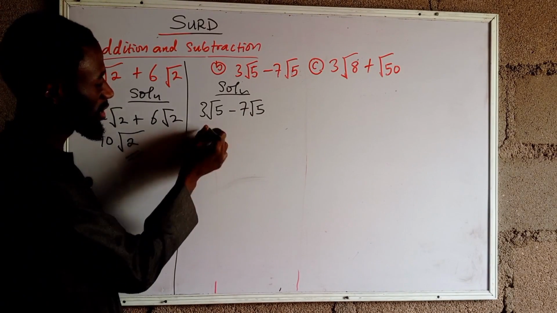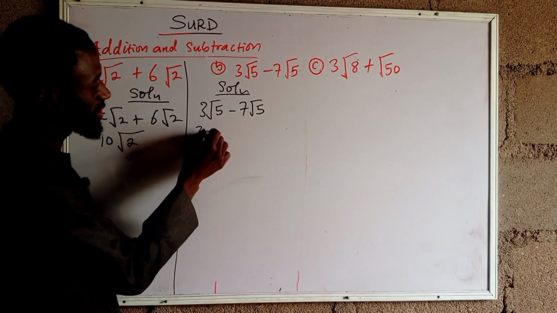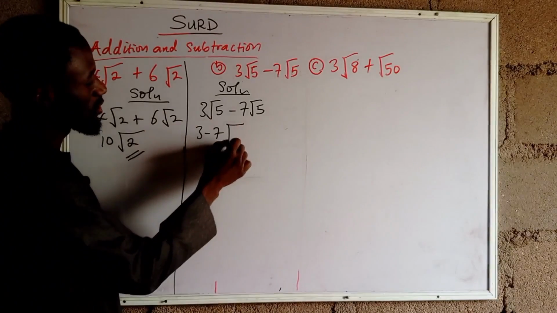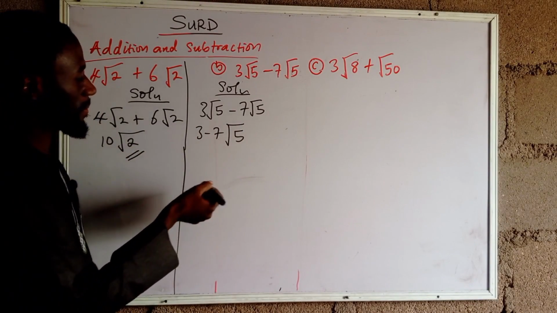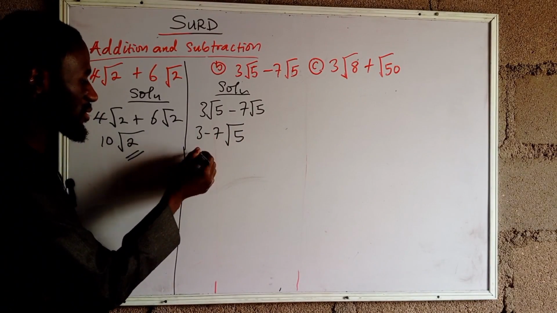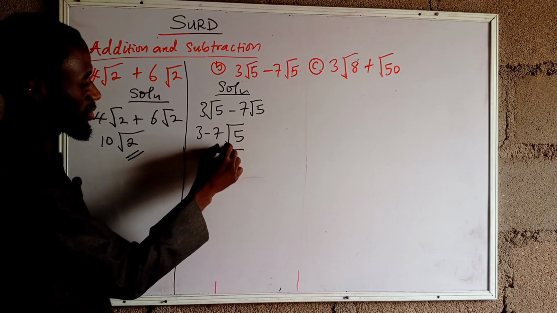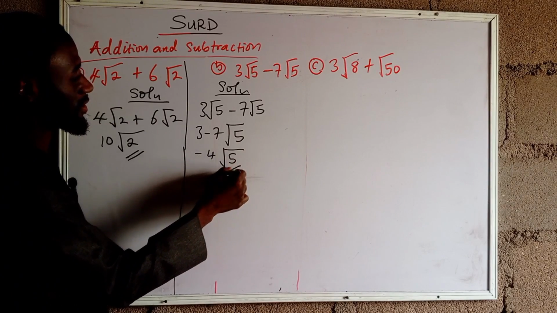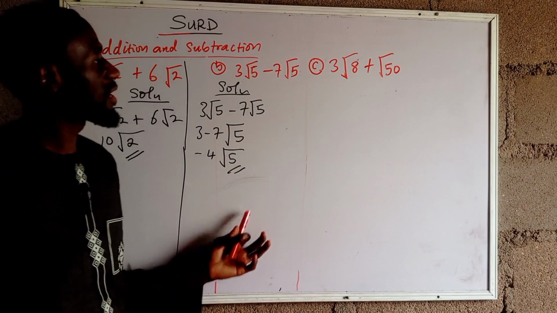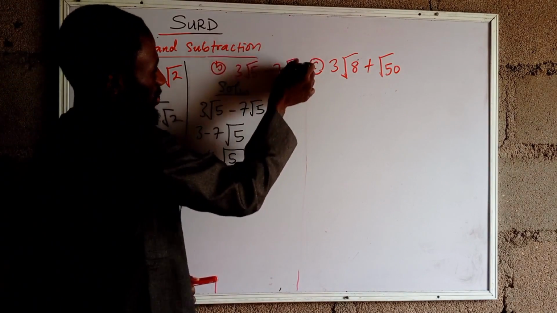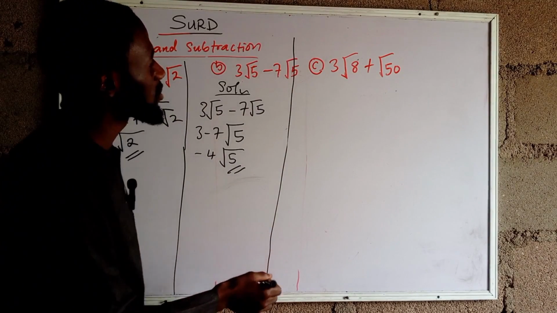You can just subtract 3 minus 7 root 5. 3 minus 7 is equal to minus 4 root 5. That is as simple as this. We finish this. Then the last question here to solve.